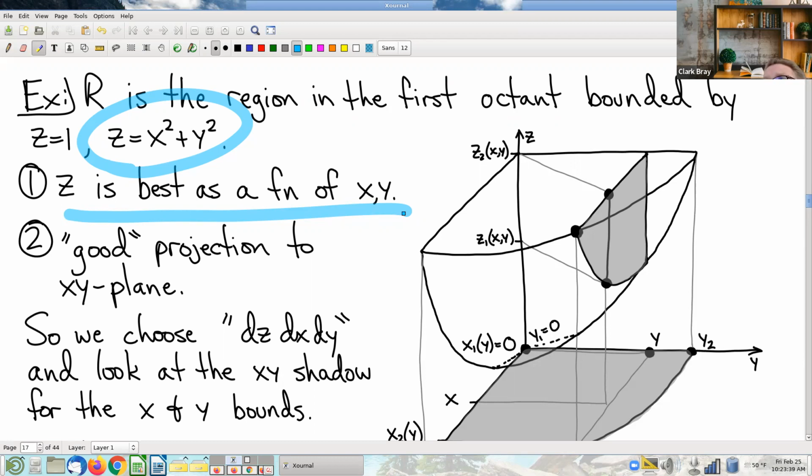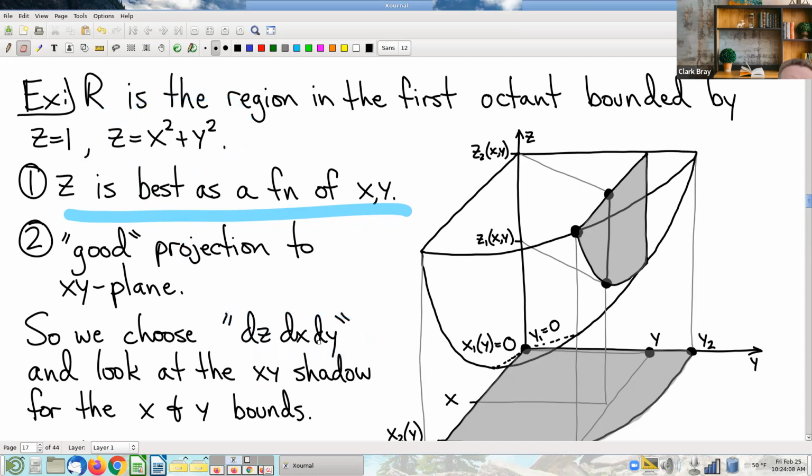So if I can possibly make z the inside variable, I definitely want to do that, right? Because otherwise there's going to be square roots, and square roots are bad. Okay. So this suggests using this order of slicing. Again, dz, the one I want to solve for, being the variable on the inside.